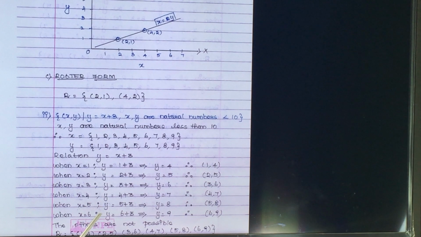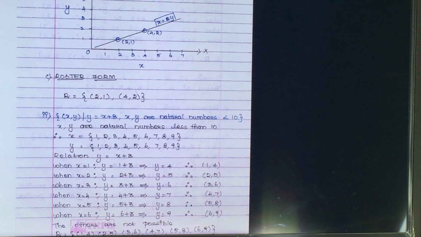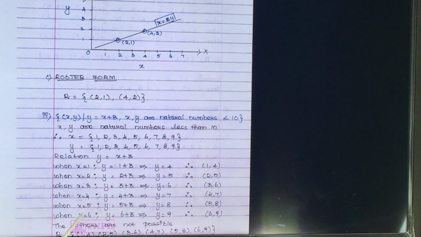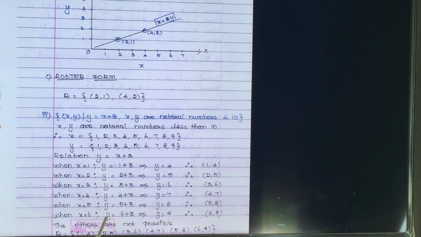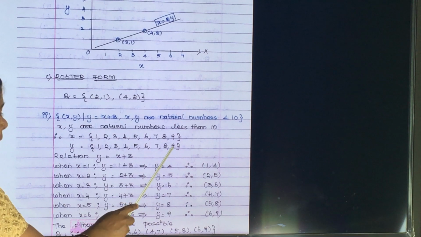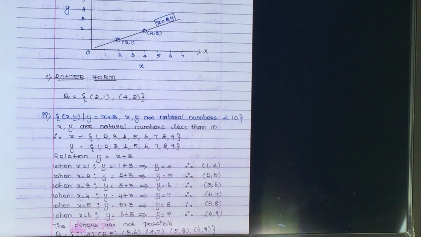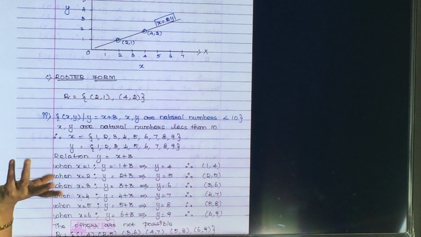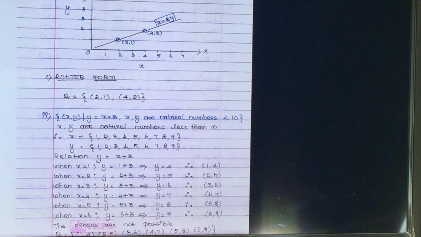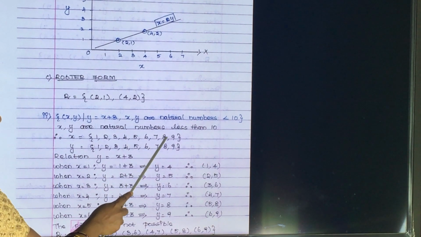But children, please see here, when x is equal to 6, it becomes 6 plus 3, y becomes 9. Suppose you write x equal to 7, what will happen? y will become 7 plus 3, y will become 10. But 10 is not available for y. y has only up to 9. So, no use in finding the values for x equal to 7, 8, 9.